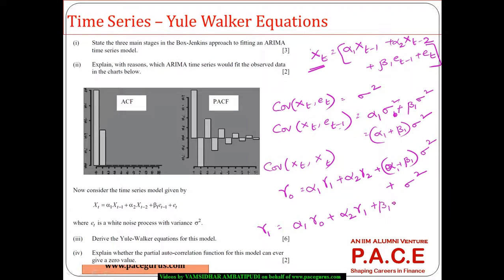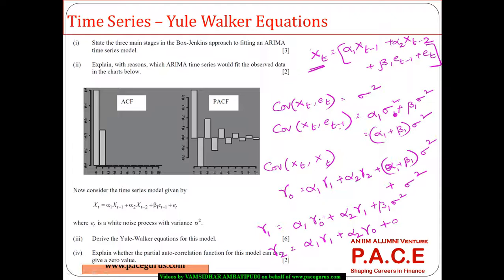So beta 1 times sigma squared, and x_{t-1} and e_t does not exist. Similarly, for lag 2, I do it with x_{t-2}. This comes out as alpha 1 gamma 1 plus alpha 2 gamma 0, and the beta terms do not exist with x_{t-2}, so that part is 0. So I am getting gamma 2 like this.